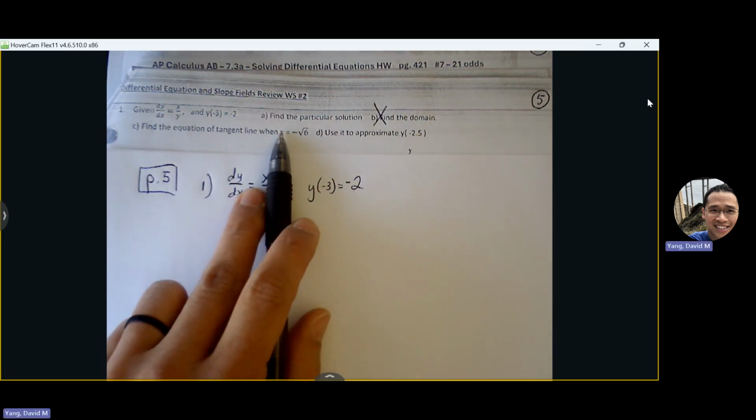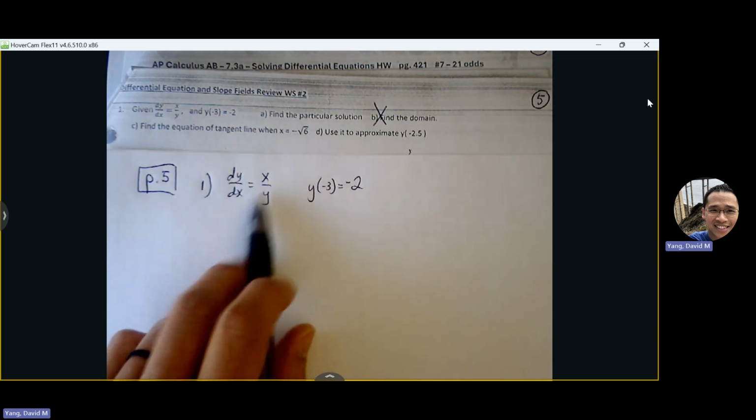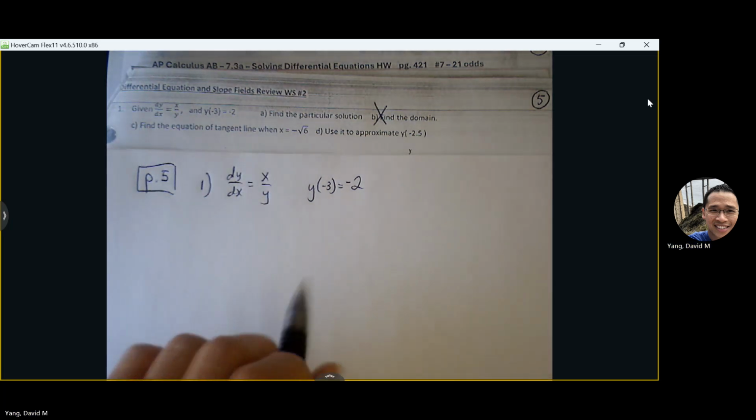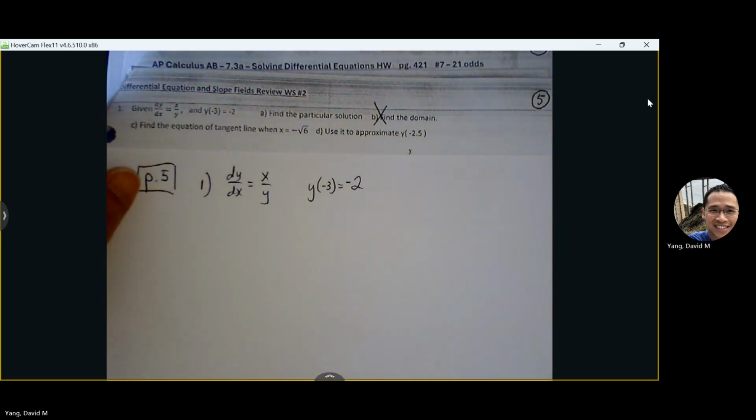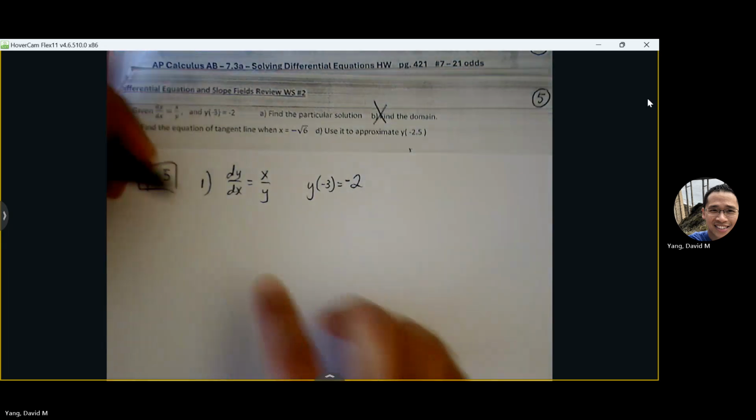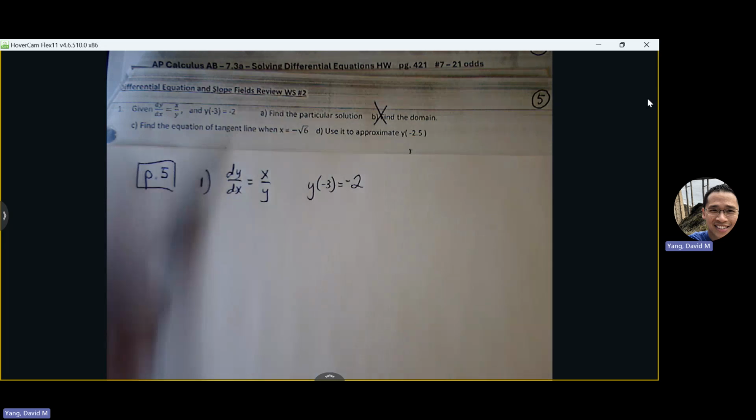Okay, so part A, find the particular solution. So we're going to go through all our process here. Start off cross multiplying.